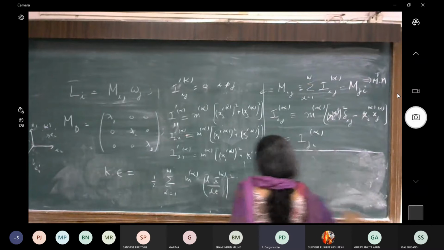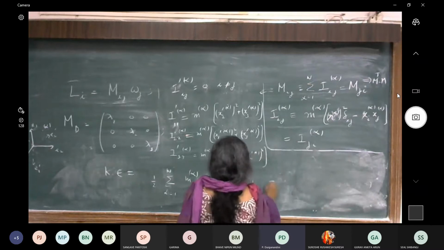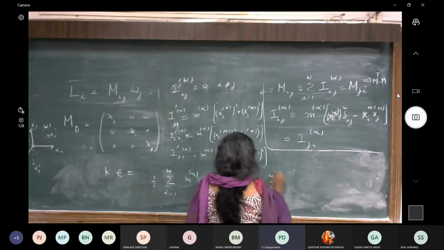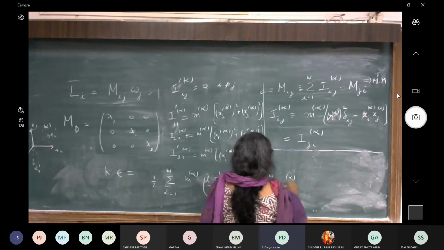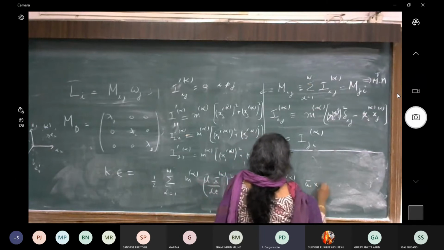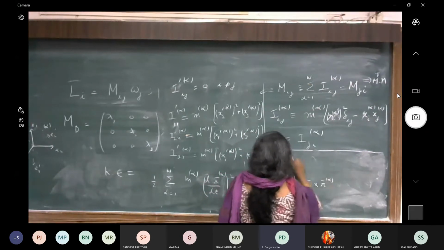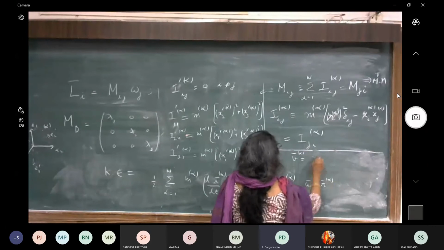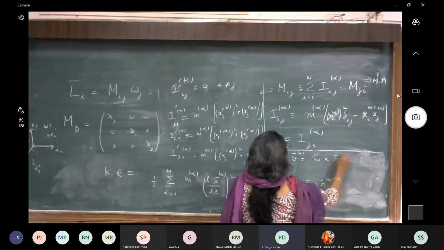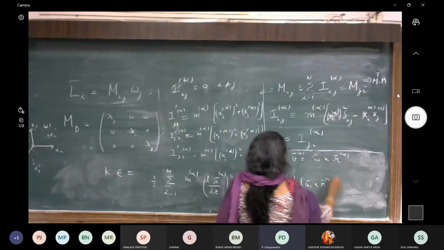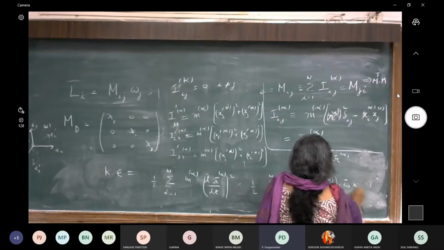So I can write this now as half sum over alpha equal to 1 to n of m alpha (omega cross r alpha) squared. I will use the fact that v alpha equals omega cross r alpha.